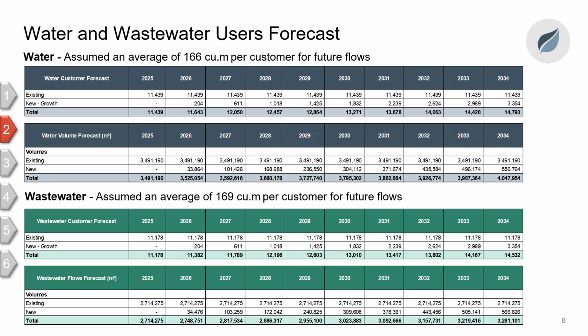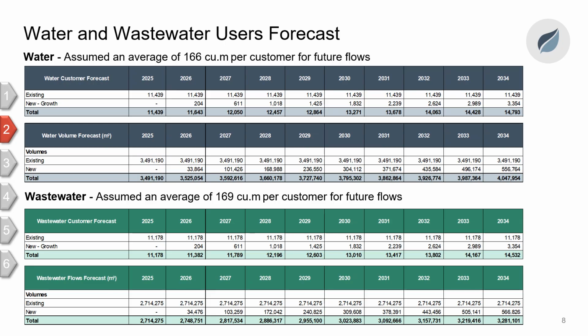And so here on these schedules, what we show at the top for water is the existing number of customers, 11,439, growing to about 14,793 customers by the end of the forecast. And in terms of the anticipated water volumes, we're looking at going from about 3.5 million cubic meters to just over 4 million cubic meters at the end of the 10-year period.